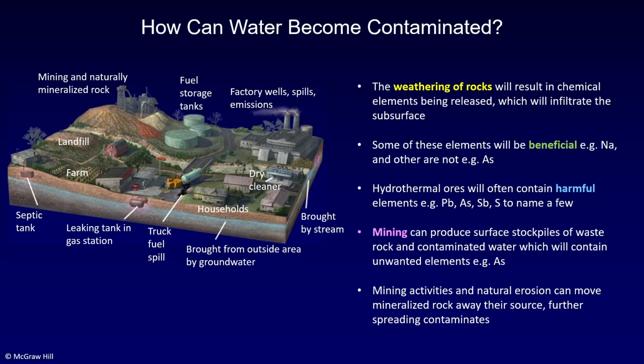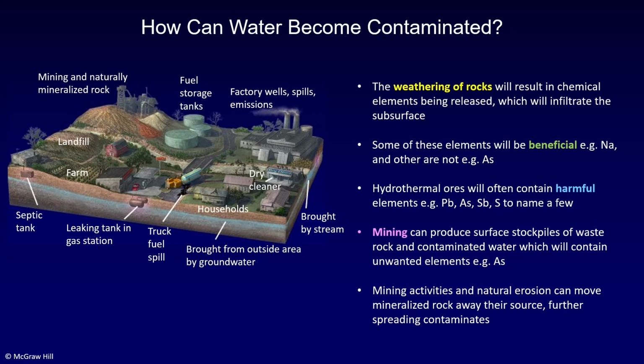Arsenopyrite is a good example of this. It's an arsenic iron sulfide mineral. It's not really useful for anything, so it would be considered a waste product, and obviously it would be stored in a pile of waste material produced by mineral processing.